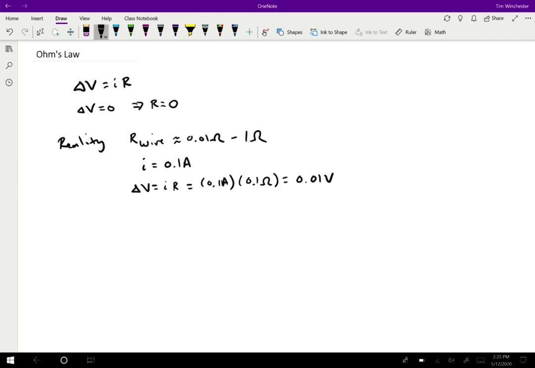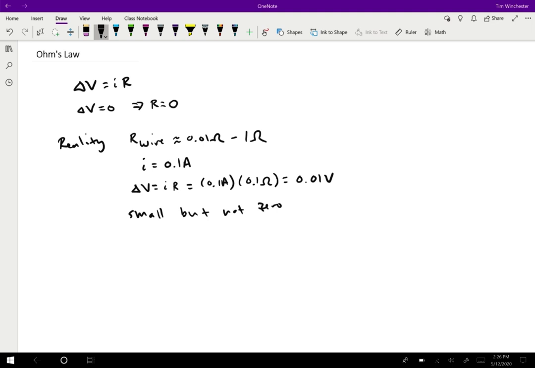And based on the potential differences in a normal circuit where you have a battery that's like 1.5 volts or something, 0.01 volts is going to be really small compared to that. So something like 1%. If you're just trying to understand what a circuit is doing, typically the resistance of the wire is something you'll be able to ignore completely. But notice that while this is small, it's not quite 0. So sometimes this will be important.